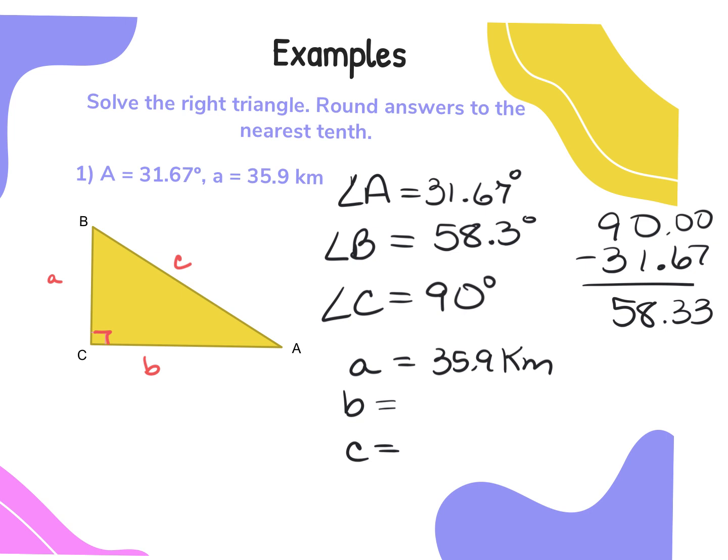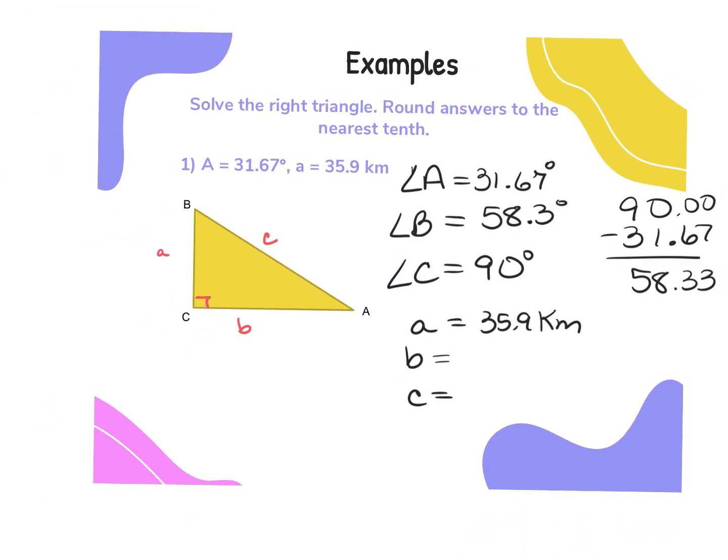Because let's say you did this subtraction, and your finger slipped on the calculator, and instead of 90 minus 31.67, you did 90 minus 32.67. Then your angle B would be wrong, and if you use that number to find little b and little c, then those are going to be wrong too.